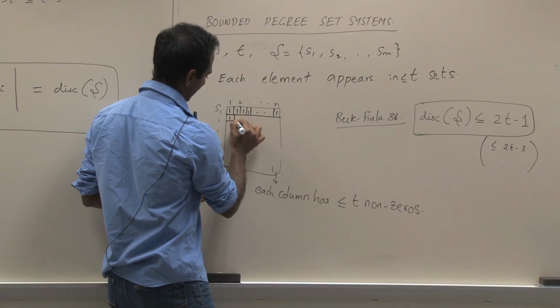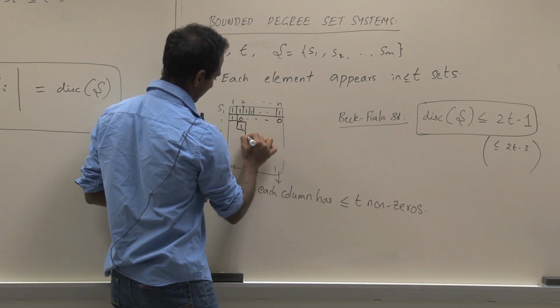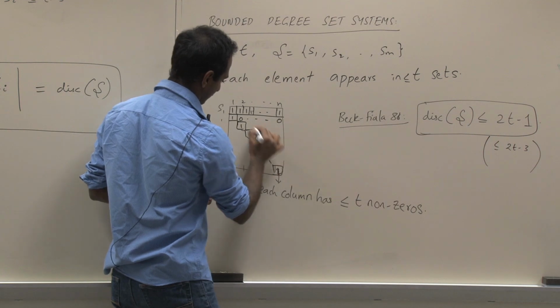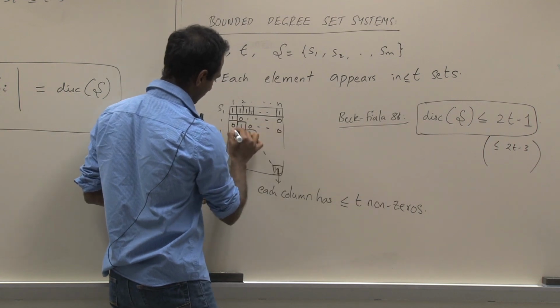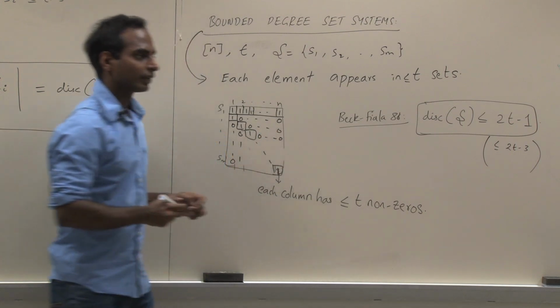And then I can have, let's say, 0, 1, 1, 1. Okay.